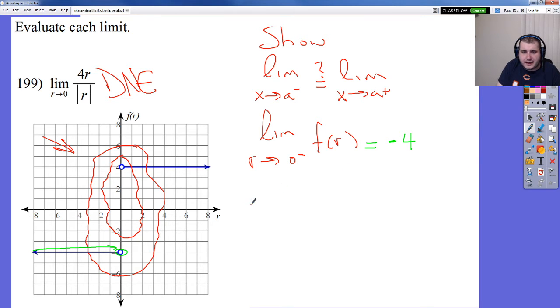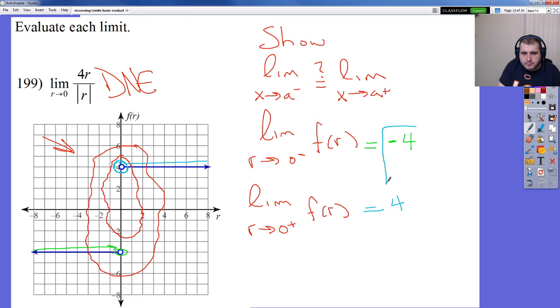Now let's look at the right-hand limit. The limit as r goes to 0 from the right of our function. What is that? Well, let's look. What does this approach? This approaches +4.